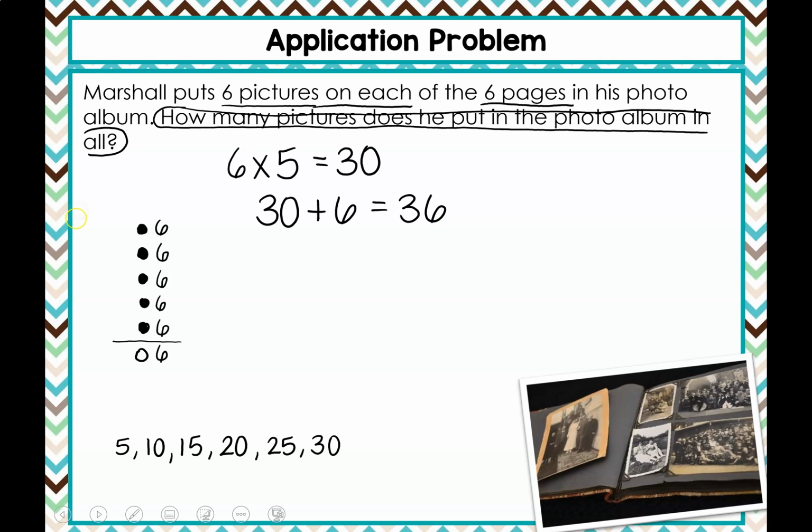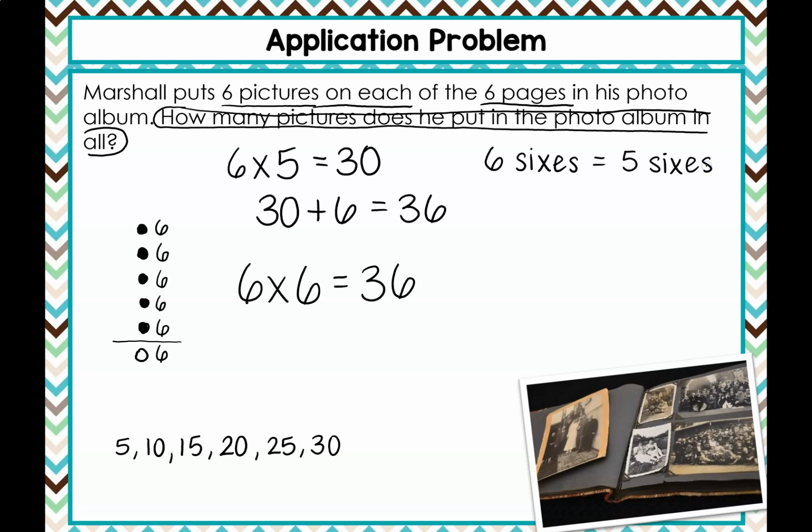So I solved for 6 times 6 by breaking down, or decomposing, the problem into 6 times 5, and then I just added one more 6. So we had 6 6s and broke it into 5 6s plus 1 6. That just made the problem easier to do, because we feel more comfortable with our 5s than we do our 6s.